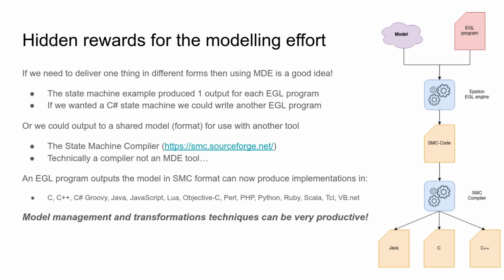And thus, our little pipeline example here goes from being able to express a state machine that is generated in Java to being able to express different state machines and then turn out implementations in multiple languages at the same time. And thus, a hidden reward is revealed. Model-driven engineering is best applied when, from a single description, you would like to obtain multiple outputs. And this is a hidden reward of the effort for doing the model-driven engineering process.